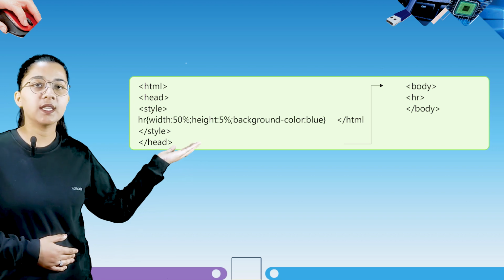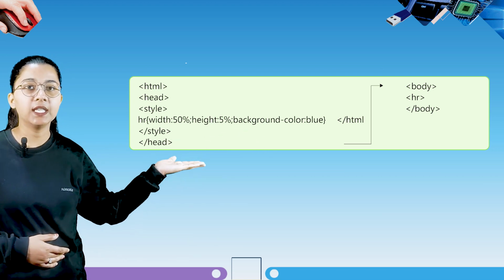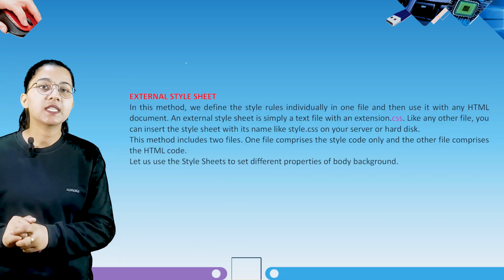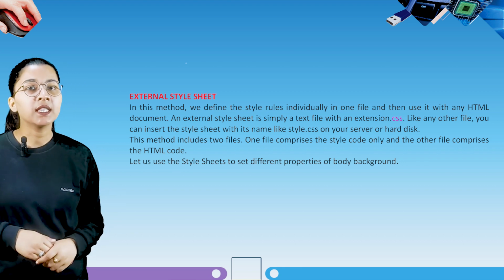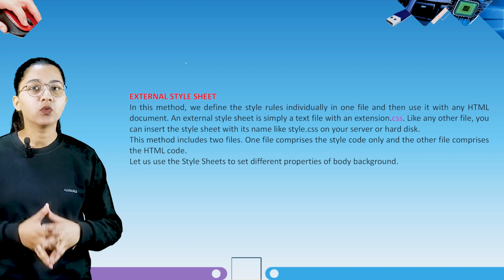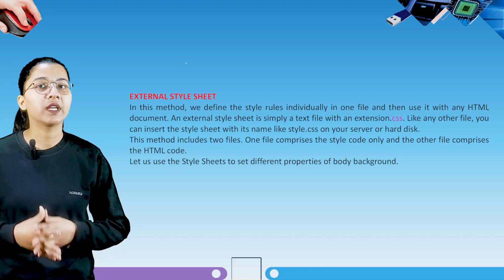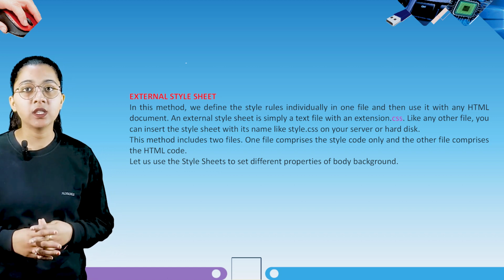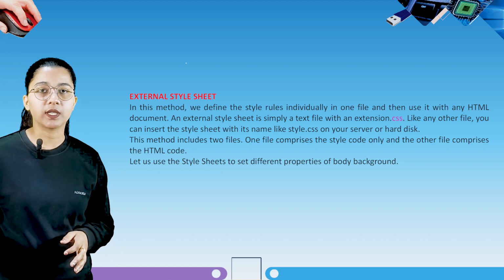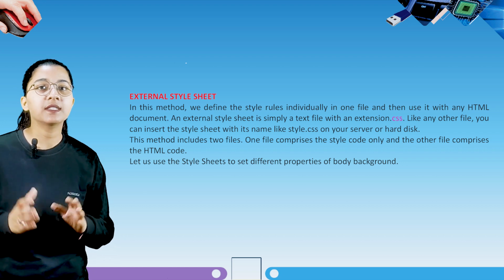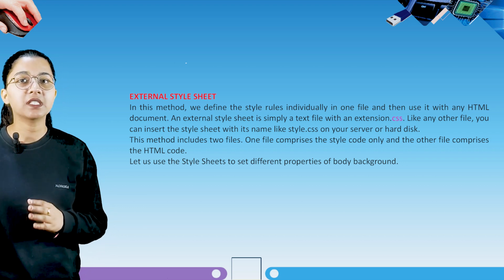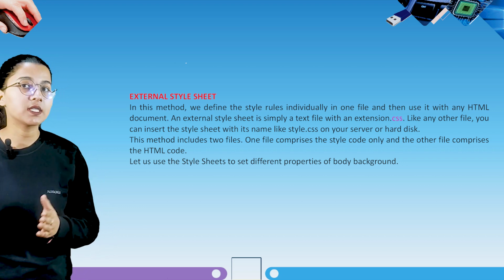Here you can see the example of embedded style. Now next is external style sheet. In this method, we define the style rule individually in one file and then use it with any HTML document. An external style sheet is simply a text file with an extension that is .css.